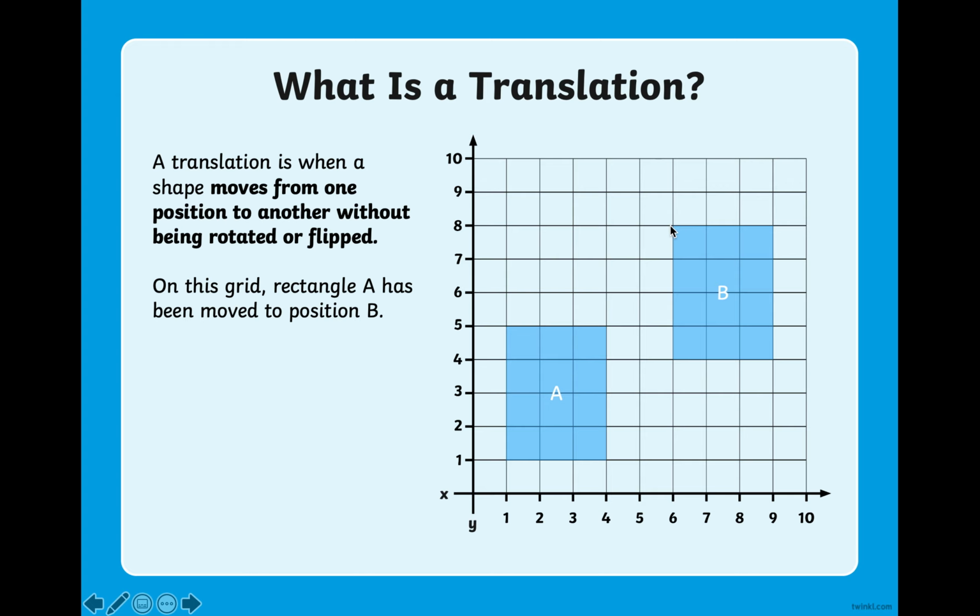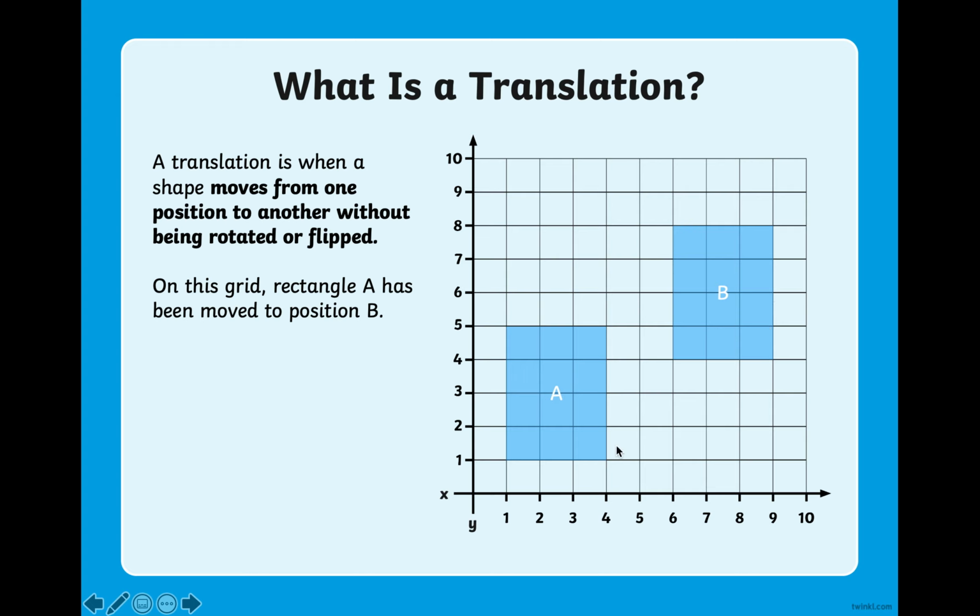So this means that if this point moved 5 and 3, meaning 5 to the right, 3 up, the other 3 points also made the same movement. Now let's check. This point is supposed to be this one, and according to what I'm saying, it should move 5 points to the right, 1, 2, 3, 4, 5, and 3 up.